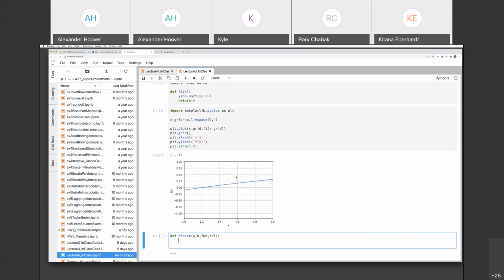So the first thing that we should do is just check that A and B are on opposite sides of our spectrum. So let's say we have the following. Oh, that's not a statement.